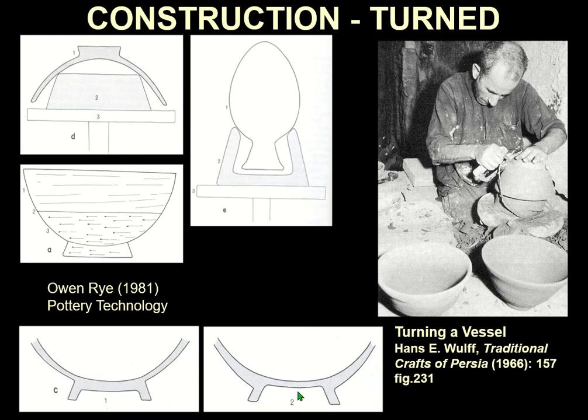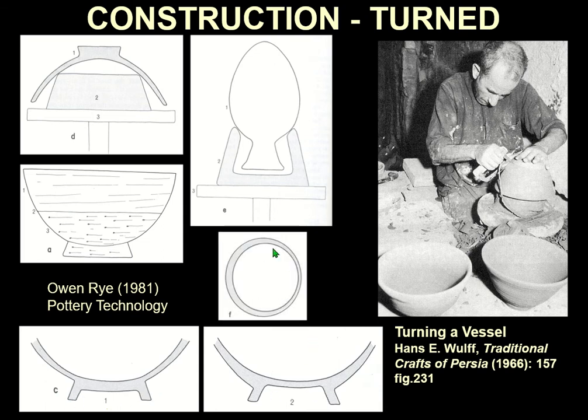Maybe thicker or thinner. It'd be very different from, say, if it was just this rounded bottom and someone had applied a ring to it. Another thing you might find is that when they put the vessel back onto the wheel, it wasn't centered quite perfectly, and so something is not quite right. Maybe the ring is thicker on one side than the other or something like that.